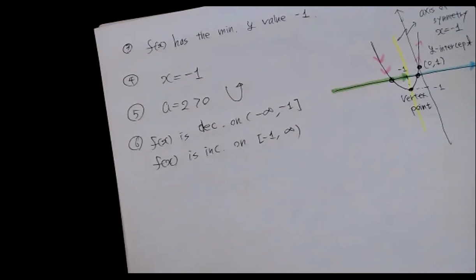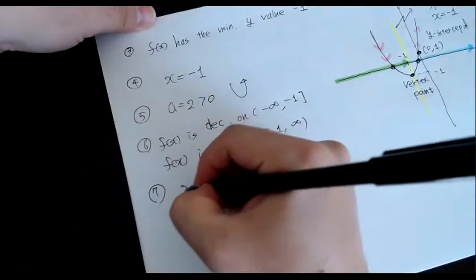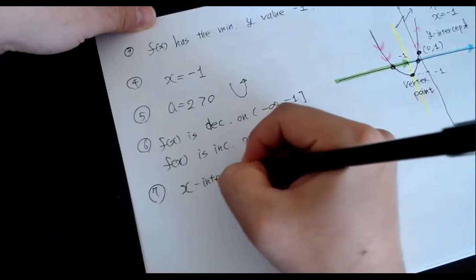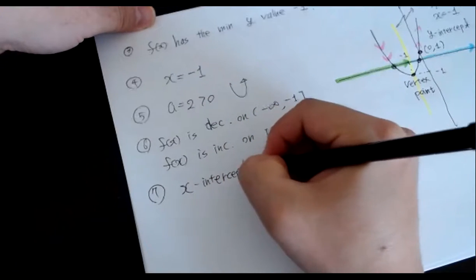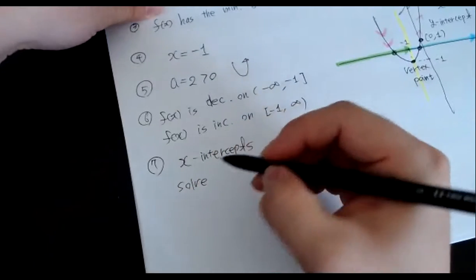Now, finally, let's find the x-intercepts. We have to solve the quadratic equation. So we solve f(x) equals 0.